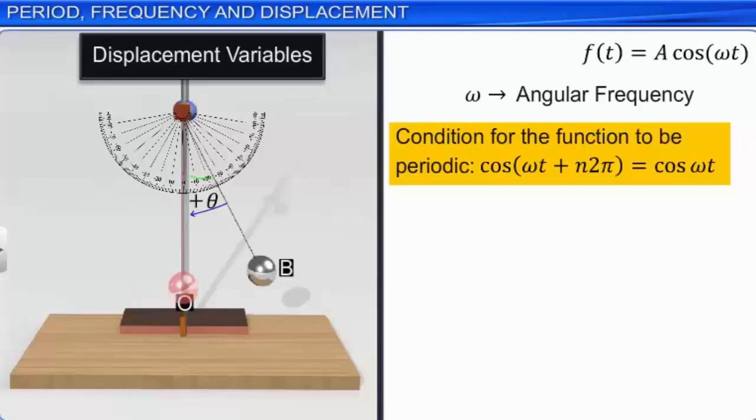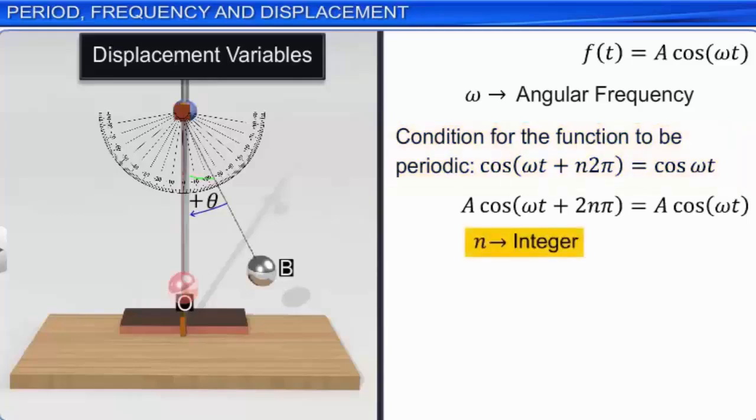Thus, a cos(omega t plus 2n pi) must be equal to a cos omega t, where n is any integer. In other words, the function is periodic with the time period T when f of t plus T is equal to f of t, where the time period T is equal to 2 pi by omega.